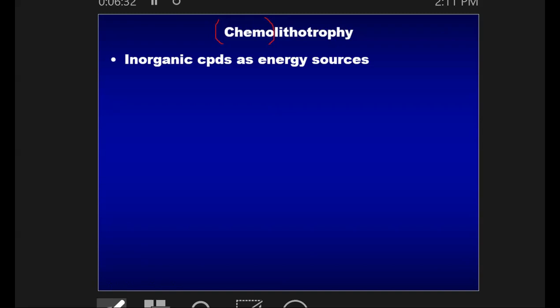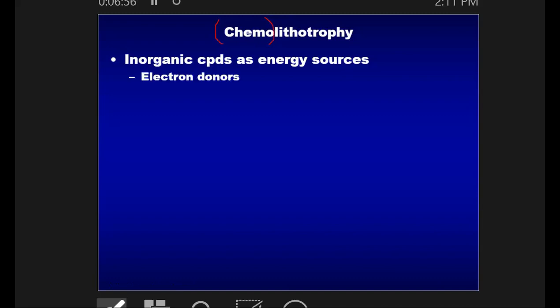If you look up litho, it means rock. If you look up trophy, it means to use or to metabolize. And so lithotrophy is eating rocks. That's how I remember that we're talking about inorganic rocks or inorganic compounds.